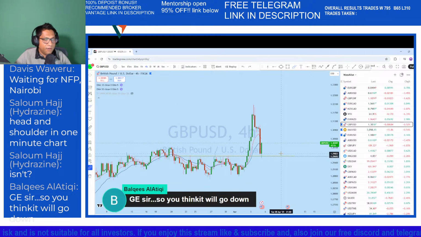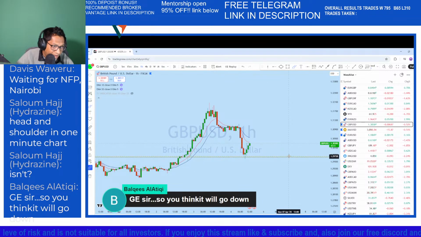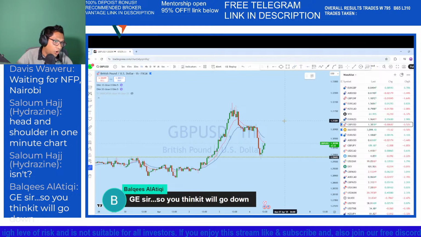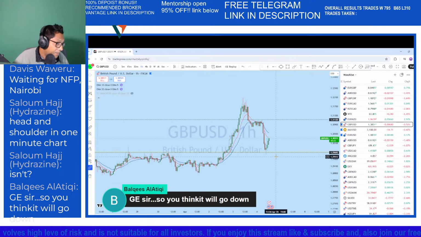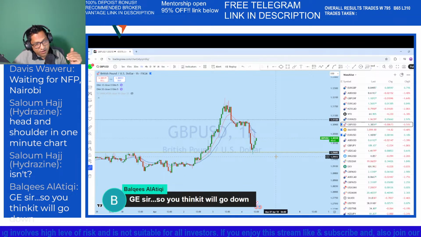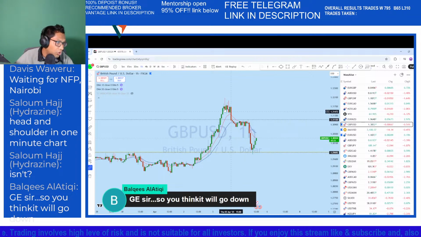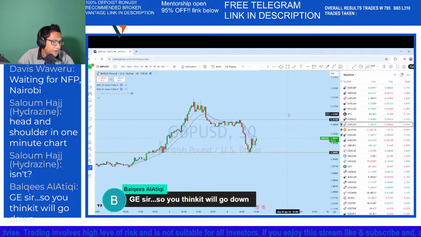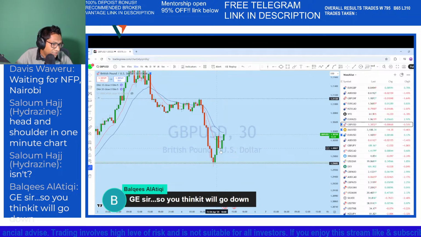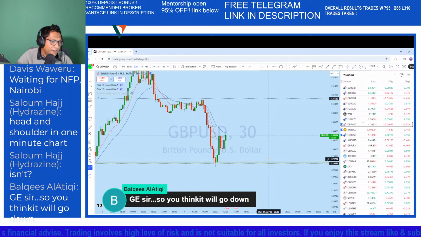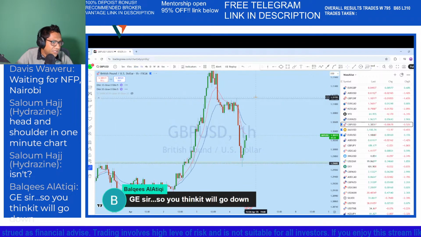So there is a probability that GBP USD may push back to the upside, where it dropped from this resistance line. This is the 1-hour chart. As it dropped back to that support, we may see the market again going back to that resistance line, to that liquidity zone. If we look here at the 30 minutes perspective, a couple of the previous candles are liquidity candles here, and there's a probability for an upside here.